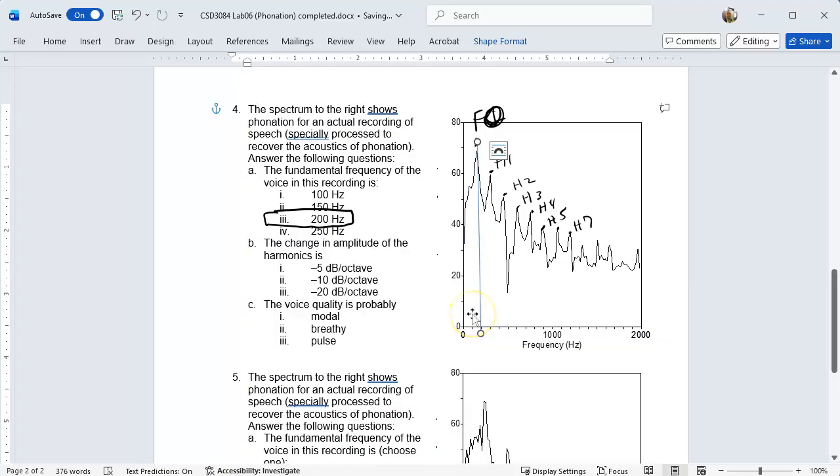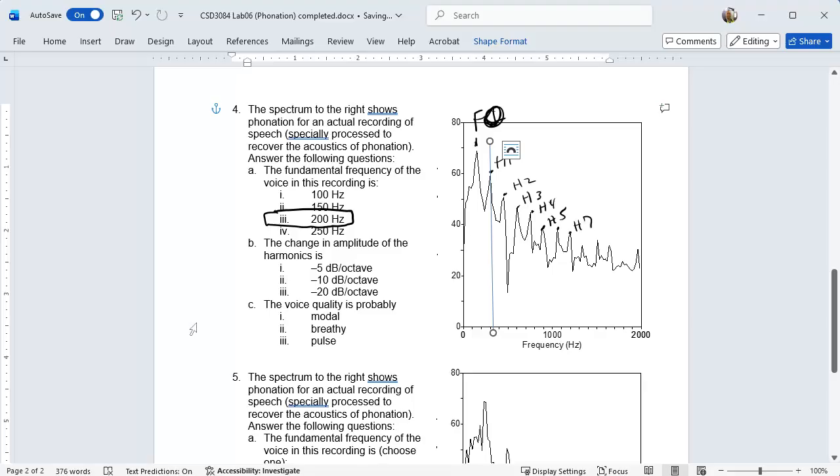How frustrating. Smidged it over a little bit. Still looks like it's closer to 200 than anything, so I'm going to stick with that. I don't want to jump all the way down to 150. If I check this first harmonic, I'm definitely over 300, but it's not as perfectly evenly spaced when you use a real voice to do these sorts of things.